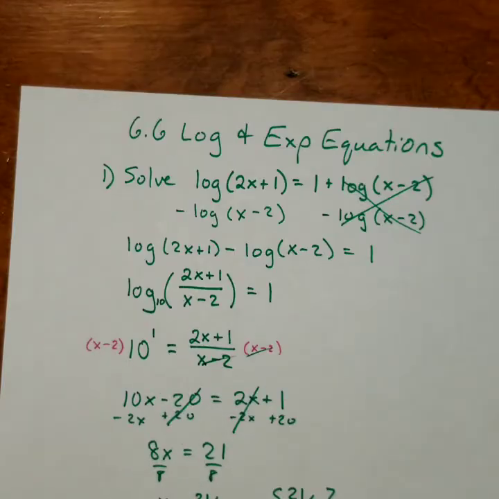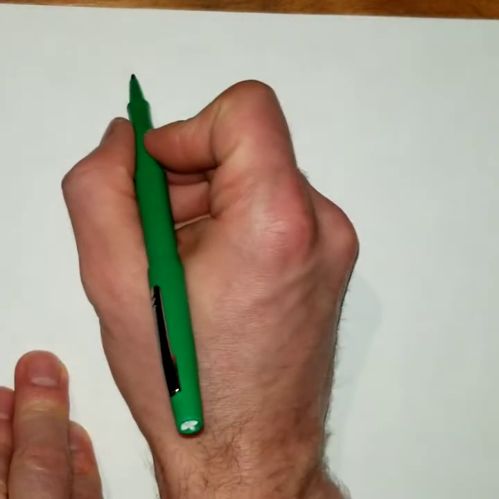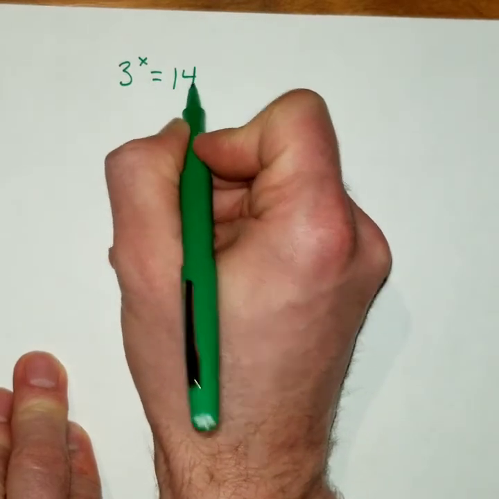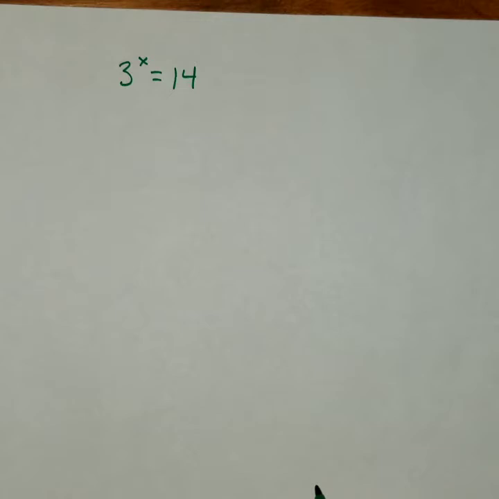Now the next example I'm going to do is an exponential equation. And with this one, I'm going to start with a simple one, and then in the next video we'll do a more difficult one. So 3 to the x equals 14.